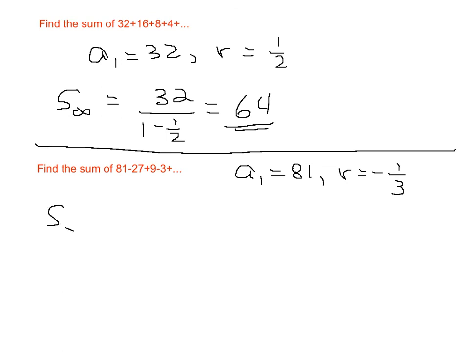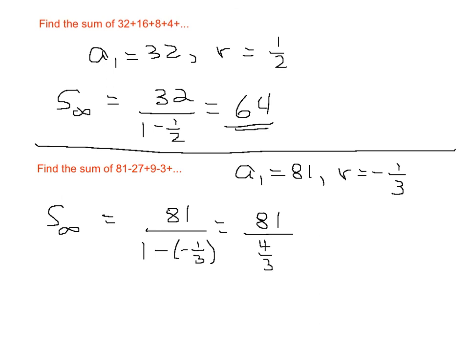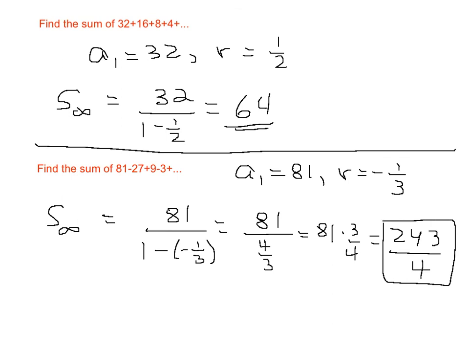So therefore, the sum of these infinite number of terms is going to equal the first term over 1 minus r, which is 81 over 4/3, which is 81 times 3/4, which is 243 over 4. And there we go. So let's just summarize all of this on the next page.